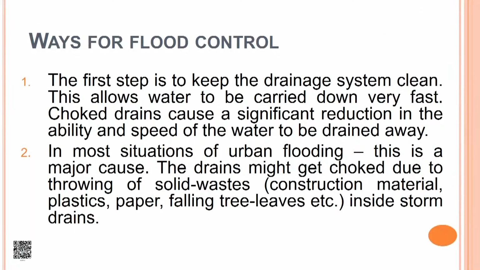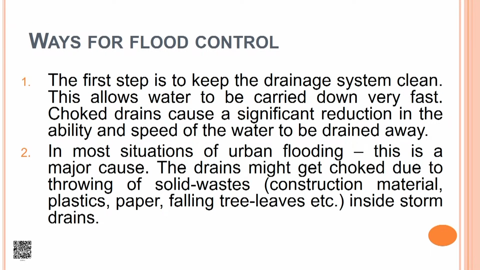So, now we move to the ways of flood control. So, first step is to keep the drainage system clean. This allows water to be carried away very fast. Choked drains cause a significant reduction in the ability and speed of the water to be drained away. In most situations of urban flooding, this is a major cause. Drains might get choked due to throwing of solid waste.